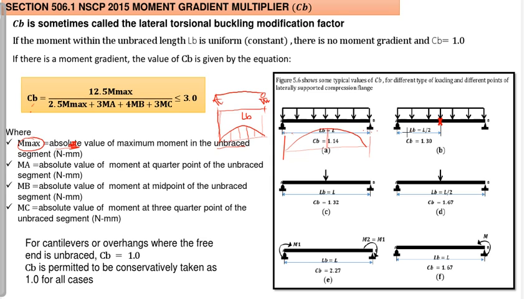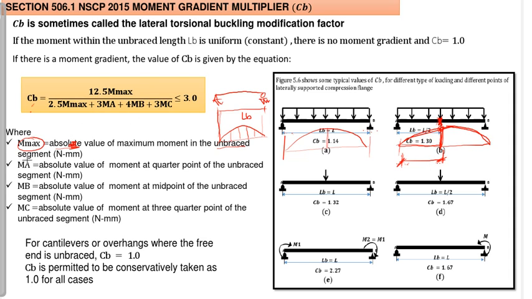Pag dito naman, for example, yung LB natin, kasi meron tayong support dito sa gitna, for example. So, yung moment mo, ganyan yung moment mo dyan. Yung maximum moment mo is kukunin mo lang within dito sa LB mo. So, yan lang yung maximum moment mo dito sa within our LB. Okay?